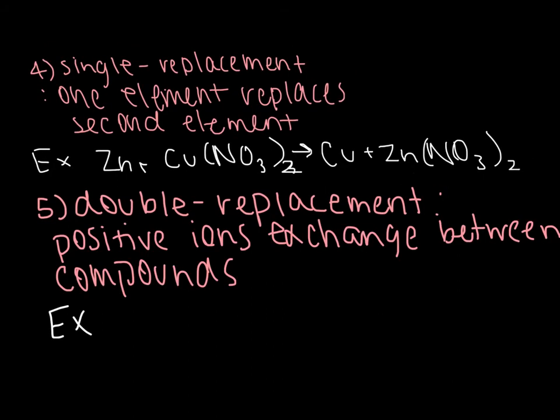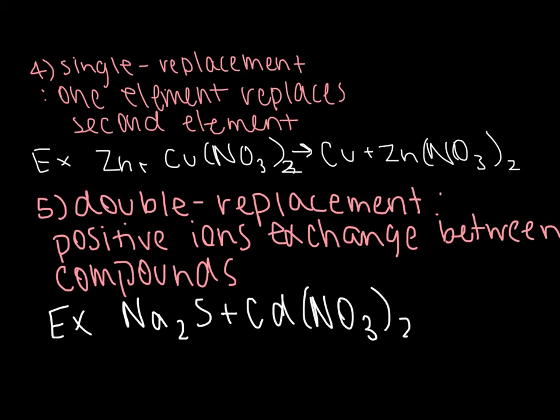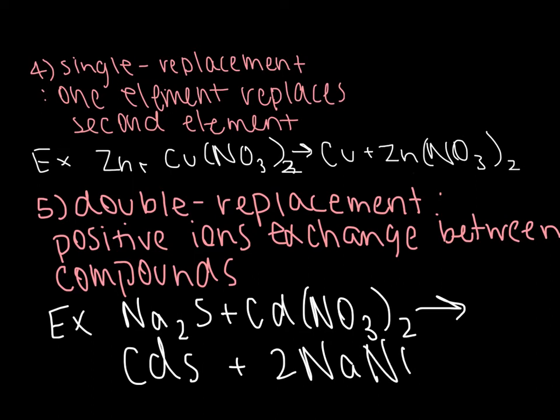A great example of a double replacement reaction would be when Na2S added to CdNO3 combines to form CdS plus 2NaNO3.